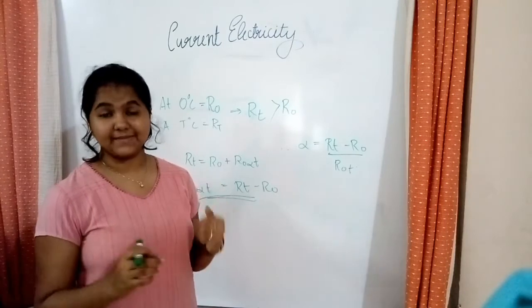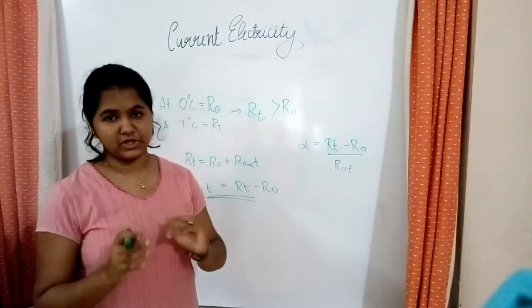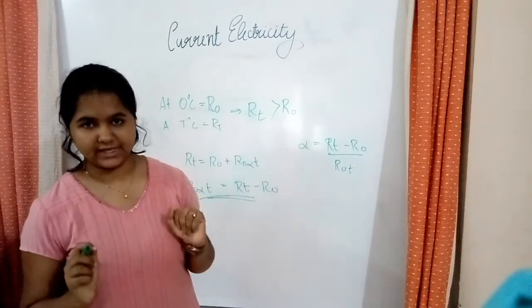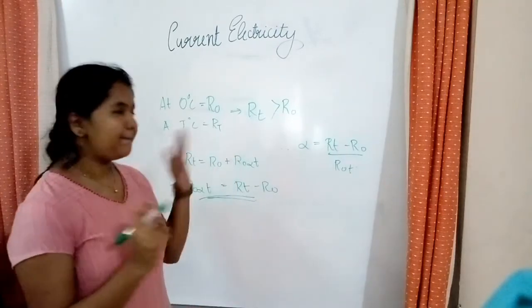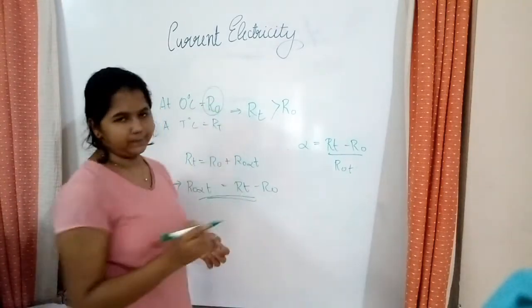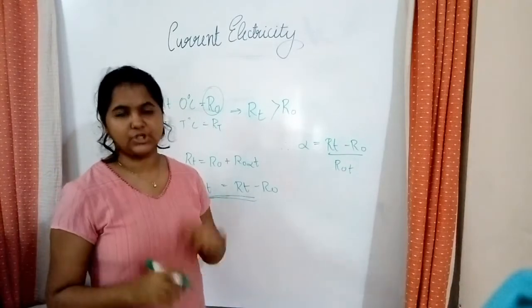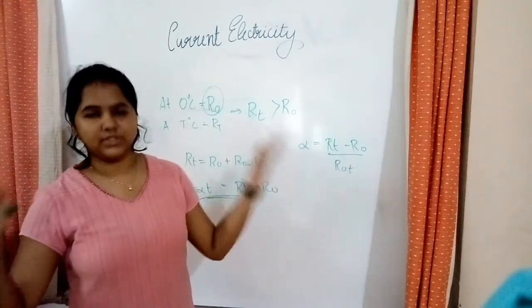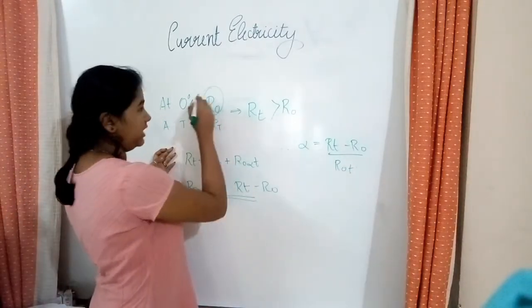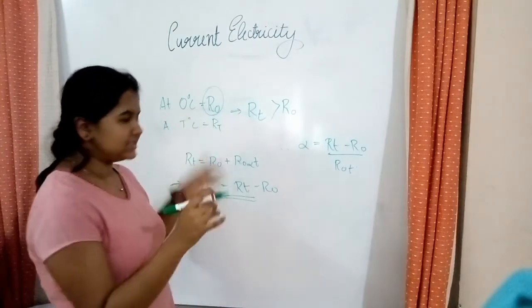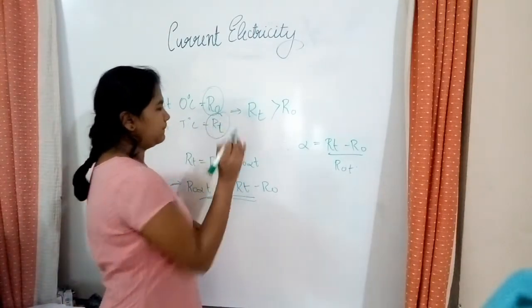So now let's discuss something. First we will take a situation where the temperature is 0 degrees Celsius. Then the resistance is represented as R0. And at a particular temperature T, the resistance is marked as RT.